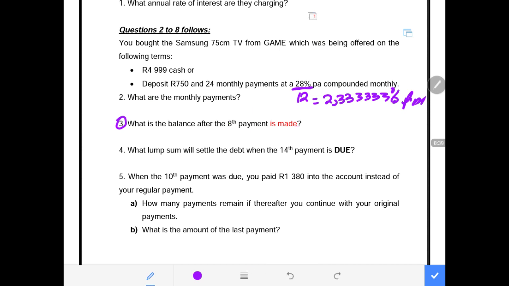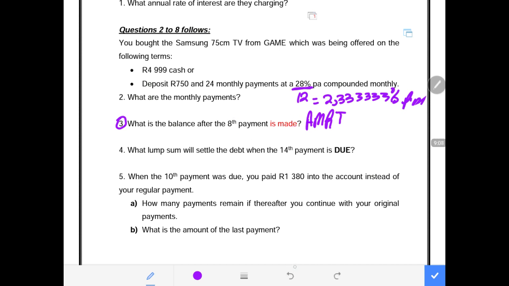This is the importance of the amount function. It will help you determine the balance after a certain payment is made, or just before it is made.